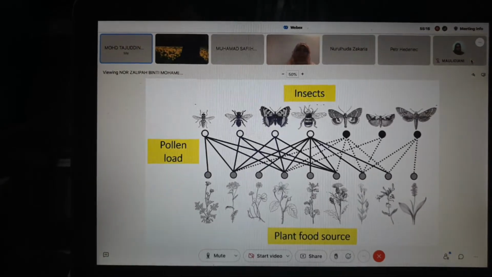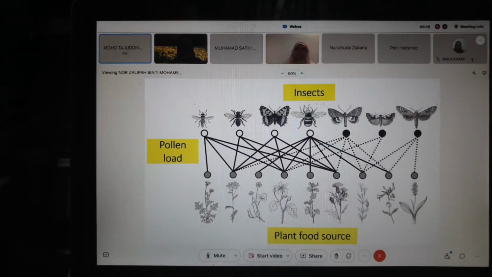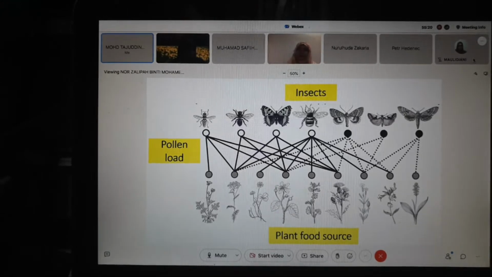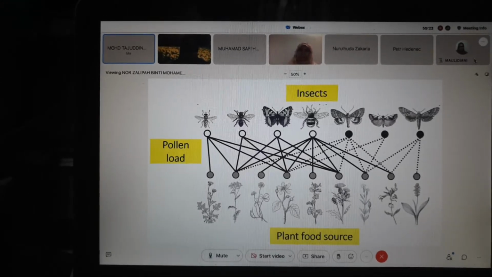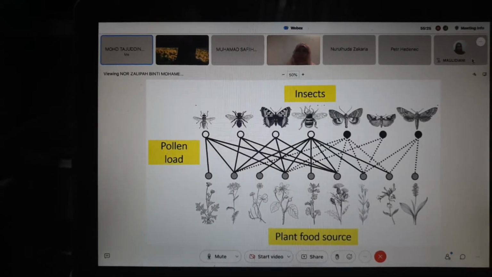If you are working in a protected area, you must have the Wildlife Department permission, because it is covered under their act.